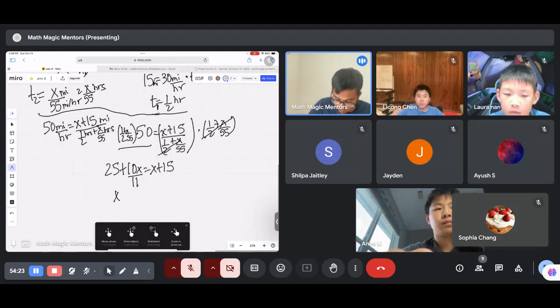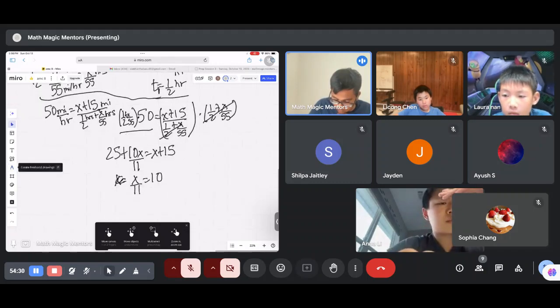So x over 11 equals 10, so our value of x is going to be 110 miles.